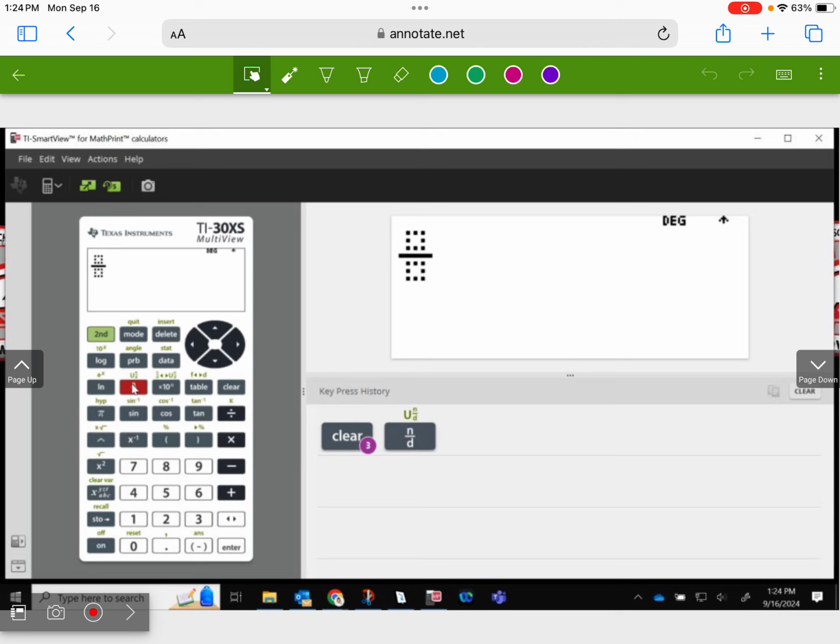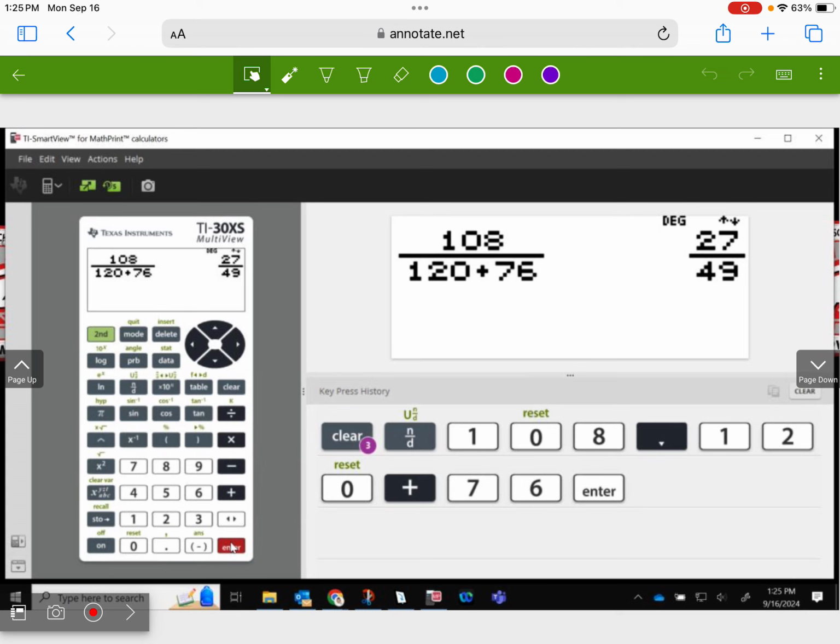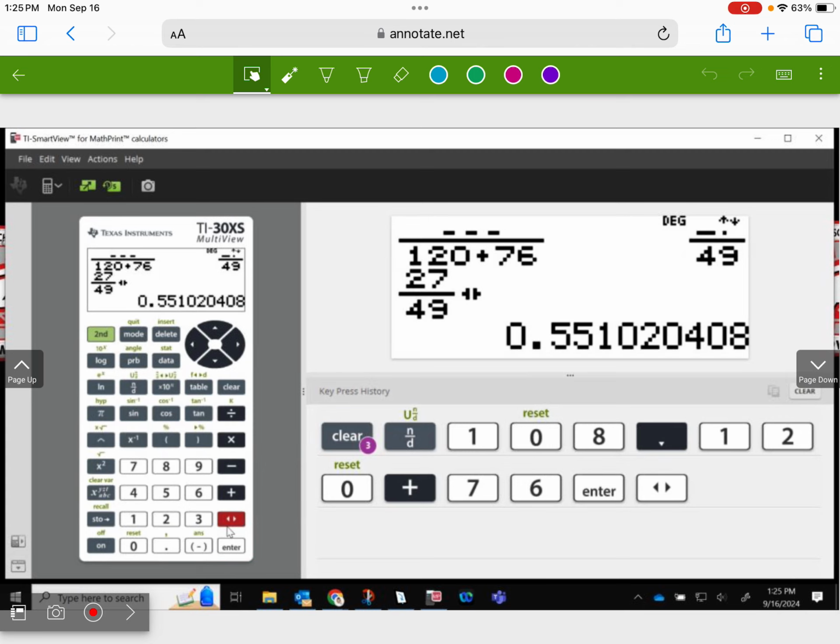We have our 108, his number of wins, and we want to know if 120 plus that 76 is going to give us that rate of 55 or below. To get it to decimal, you put the 2 arrows.